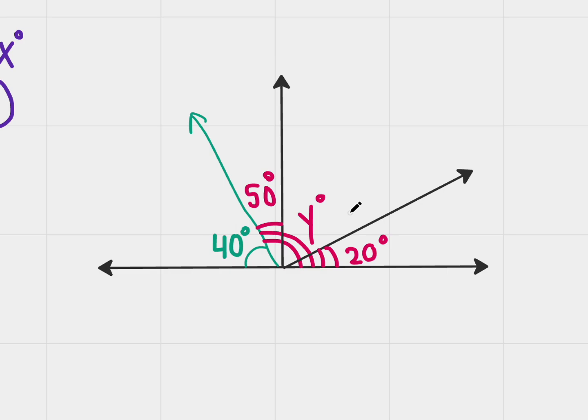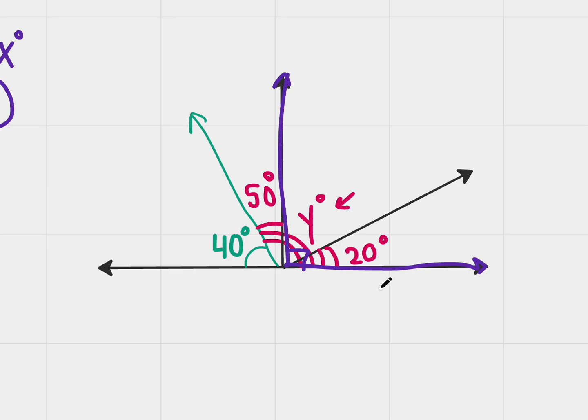Here we have a little bit of a complicated scenario. We want to find the angle y, and we're given 3 angles. Again, this is a straight line, but when you look closely, you see that there's a 90-degree angle right here. I'm going to use another color so it's not confusing. So we see a 90-degree angle right over here. So you can solve this in another way.